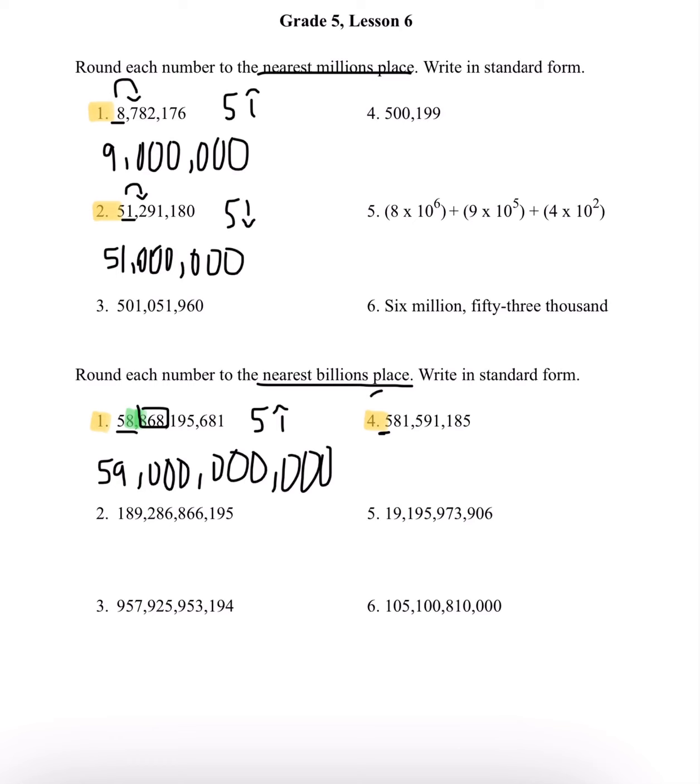And we see that the number behind it is a 5. And if it's a number 5 or above, it's rounded, so it'll just be 1 billion. And that's our answer.